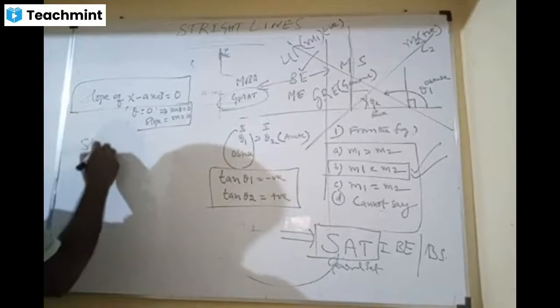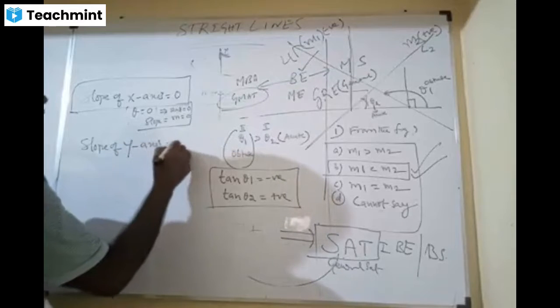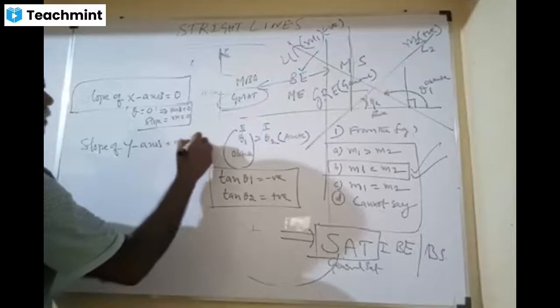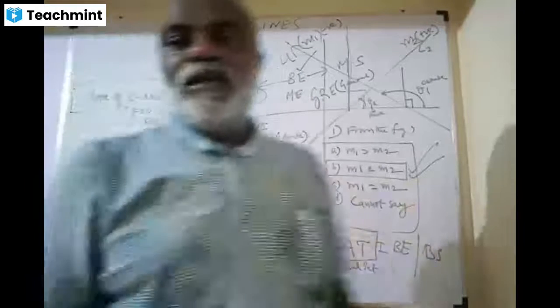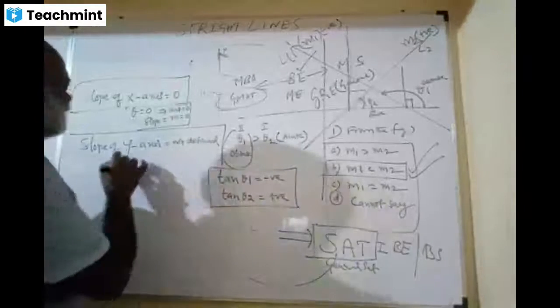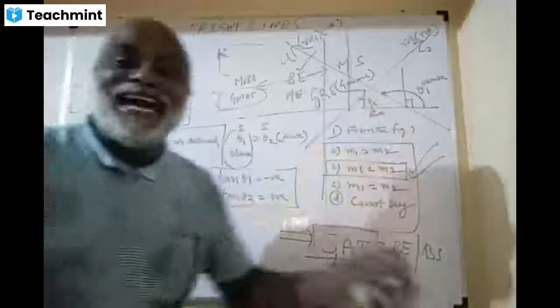What about the slope of the y-axis? Infinite, not defined. Why is it not defined? Anybody can tell? Sir, because tan 90 is not defined. Theta is 90.